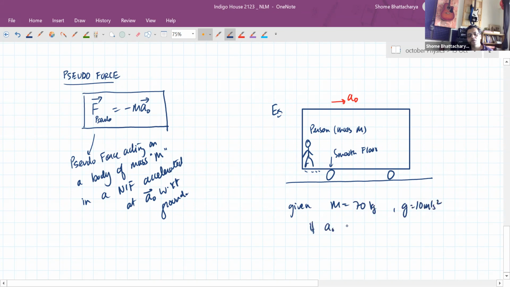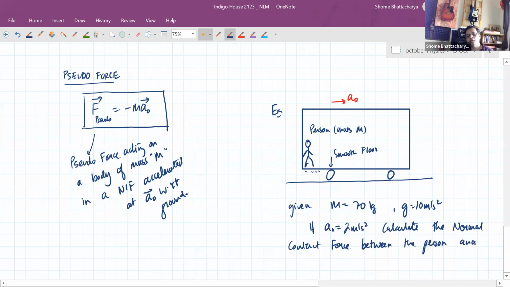If a naught is equal to 2 meters per second square, calculate the normal contact force between the person and the back wall by making his or her free body diagram.